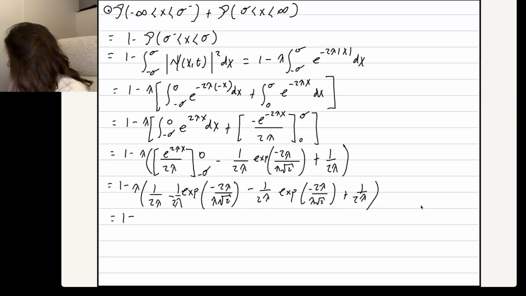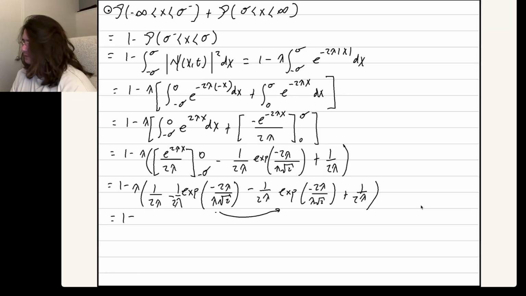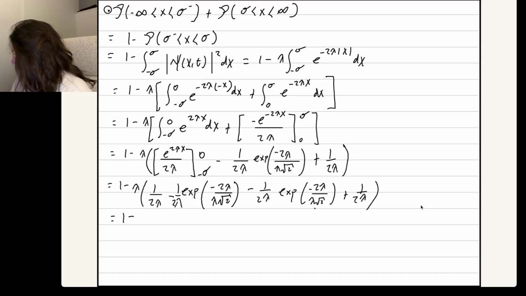And everything seems to be multiplied by 1/2, but these terms match and these terms match. So we're just going to add them up inside the parentheses, and we'll have 1 minus e to the minus root 2.